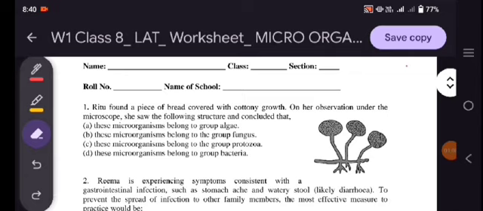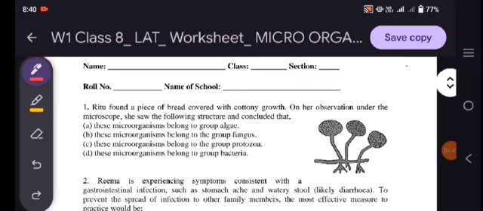concluded that a microscope is a device used to see microorganisms, as they are too small to see with our naked eyes. So these microorganisms belong to the group of algae, the group of fungus, the group of protozoa, or the group of bacteria.